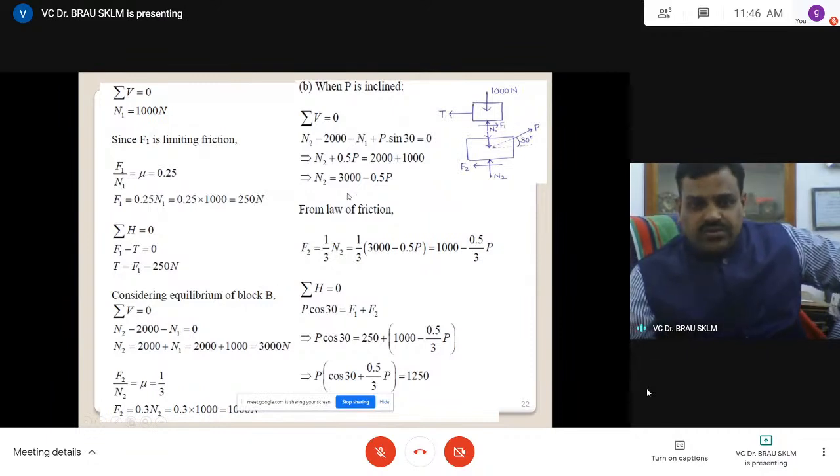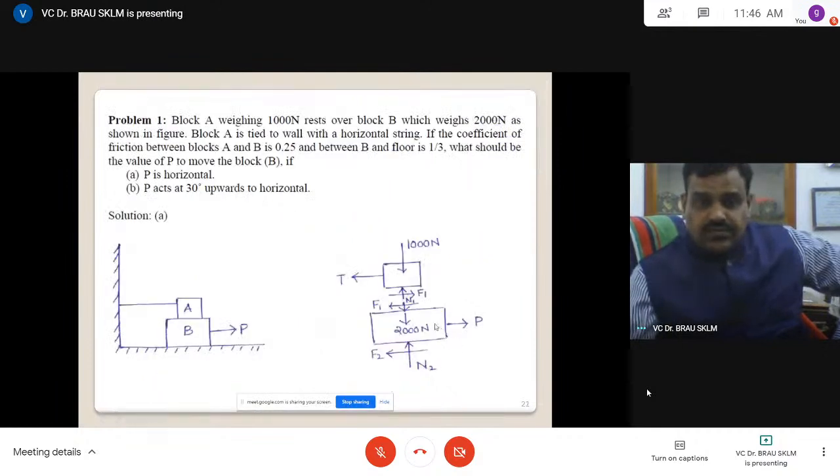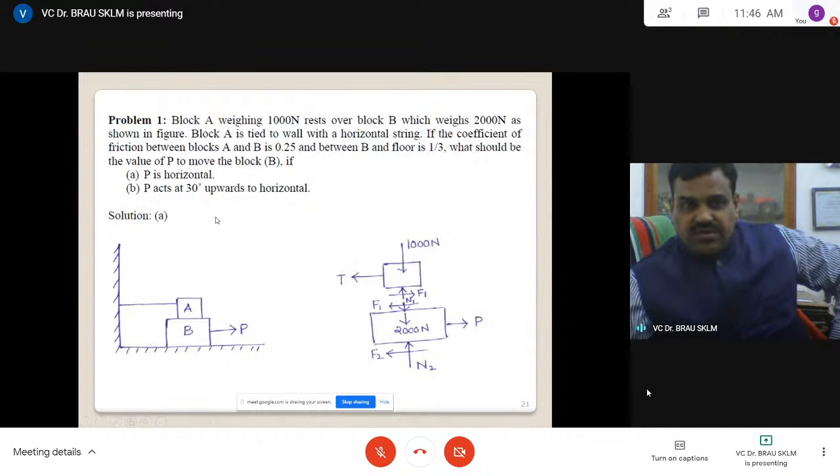Now let us come to the second case. The second case is when P is making 30 degrees with the horizontal. That means P is acting like this. The remaining are all the same. The free body diagram is the same, only P comes with some inclination theta.